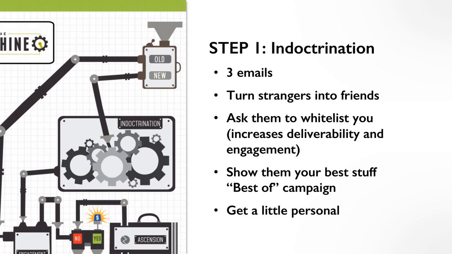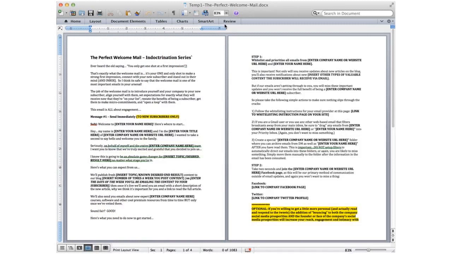So I want to show you exactly how we do that, and I want to show you the first email that people should be receiving. We call it the perfect welcome mail. Now, I'm going to zoom in, so don't freak out if you can't see this just yet. But when I show you the mail itself, just know the words are interchangeable.